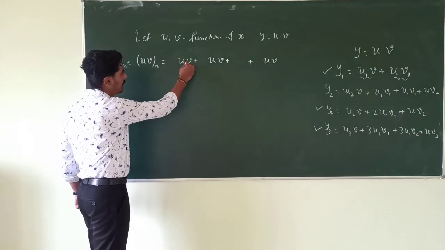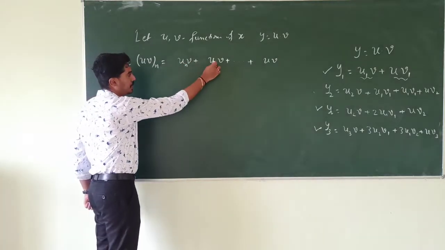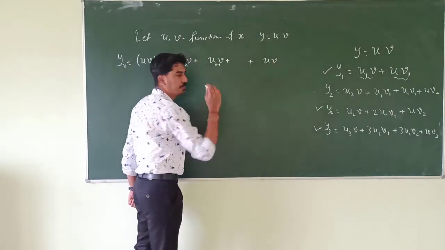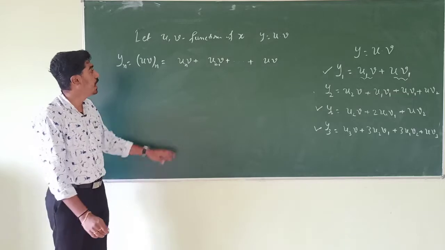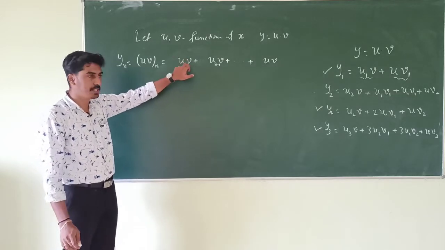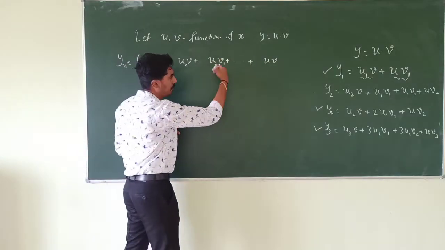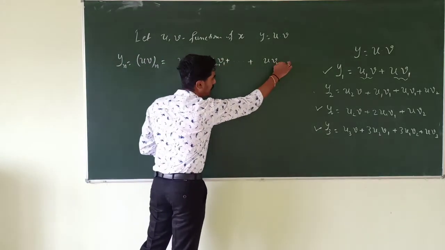Here for n, if I take un, I should get un minus 1, un minus 2, etc., u0. u0 is u. For v it starts at 0, that is v0 is v, v1, v2, v3, etc., vn.